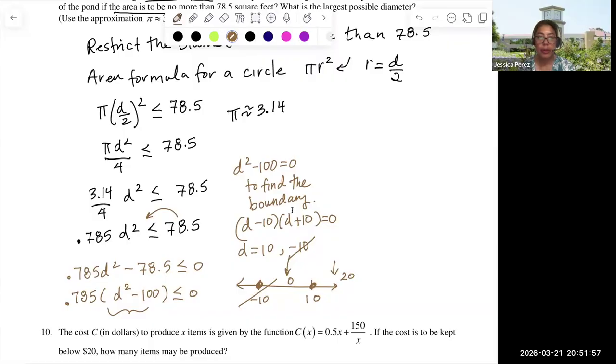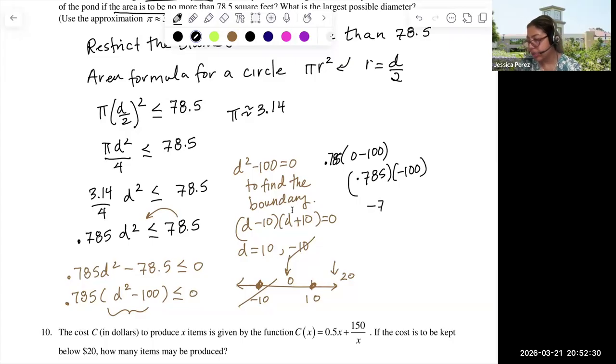And what are my values there? I'm going to have to determine which intervals will work. So I'm going to plug in 0 and I'm going to plug in 20. If I substitute 0, minus 100 times 0.785, I'm going to get 0.785 times negative 100.